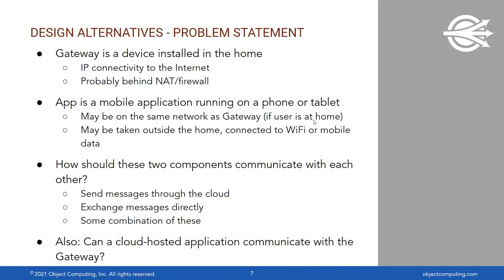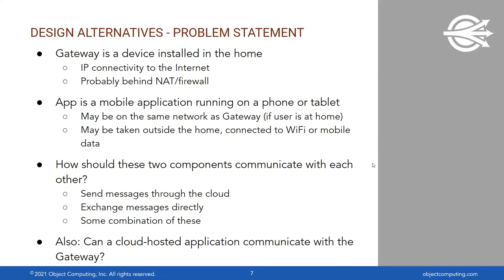And it may be on the same network as the gateway. So if the user is at home, and that may be quite often, or a large percentage of the time that the user wants to interact with these devices, they may be within the home network, but they can also take this mobile application outside the home, connected to Wi-Fi or mobile data.